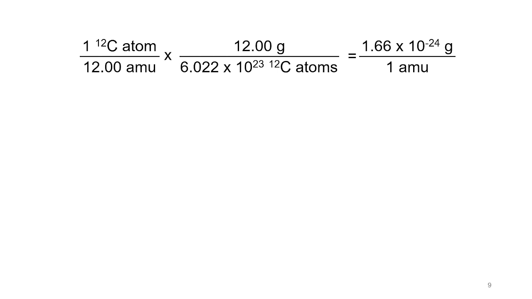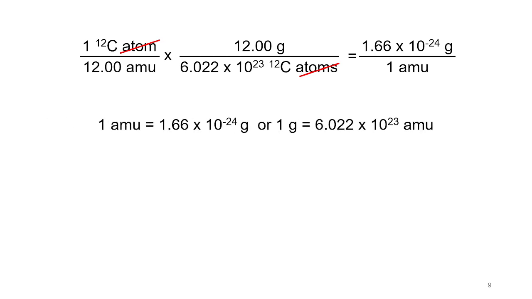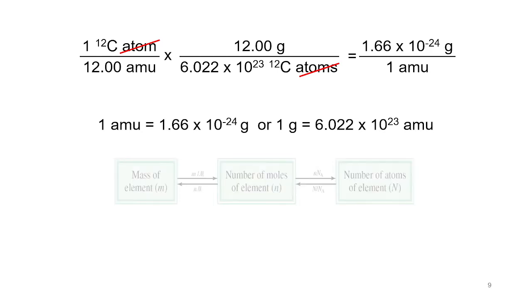So the weight of one atomic mass unit is 1.66 times 10 raised to negative 24 grams, wherein we get that by simply canceling out the atom. So one atomic mass unit is equal to 1.66 times 10 raised to negative 24 grams, and 1 gram of any atom is actually 6.022 times 10 raised to 23 atomic mass units.